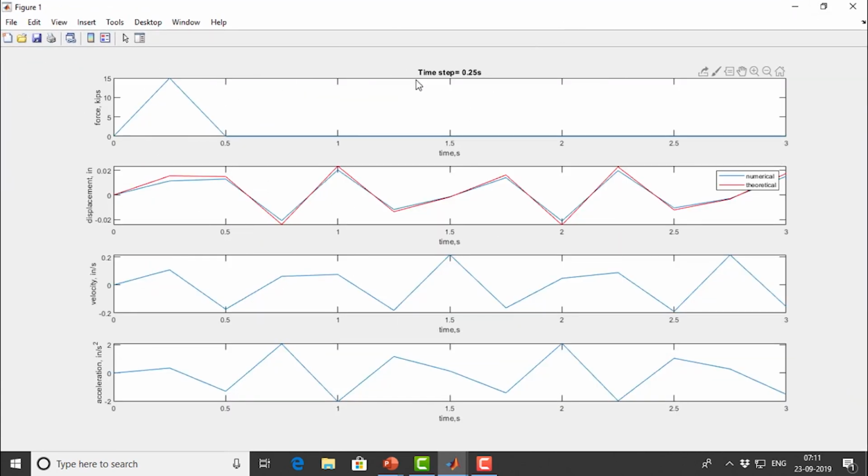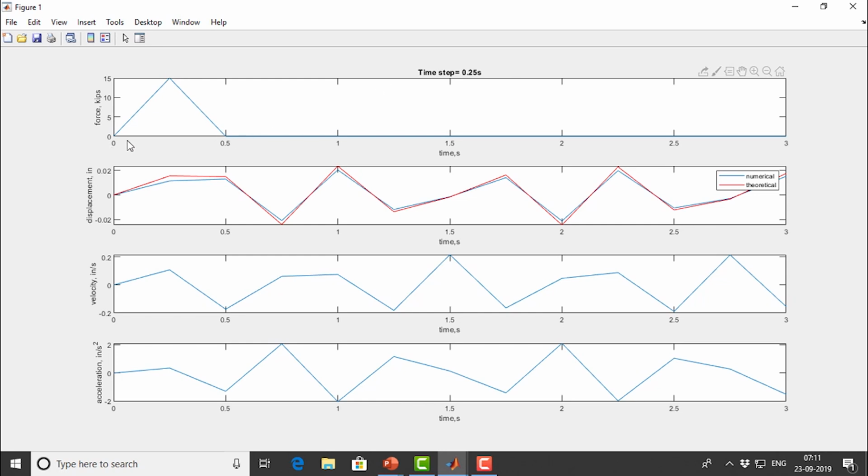When you do this evaluation for a time step equal to 0.25 seconds, this is how the forcing function looks, and this is the displacement, this is the velocity, and this is the acceleration. Here the forcing function is triangular in shape, but our expression was for a half sine wave pulse. Why is this triangular?